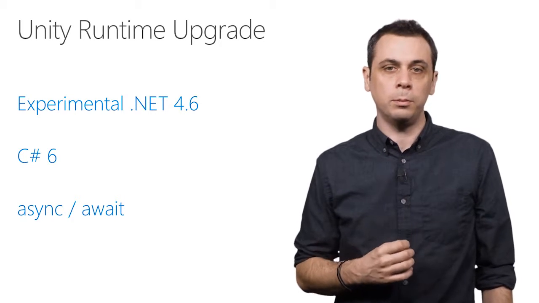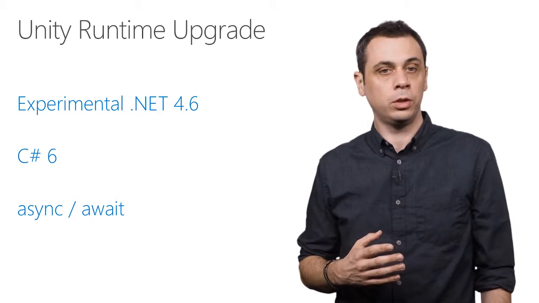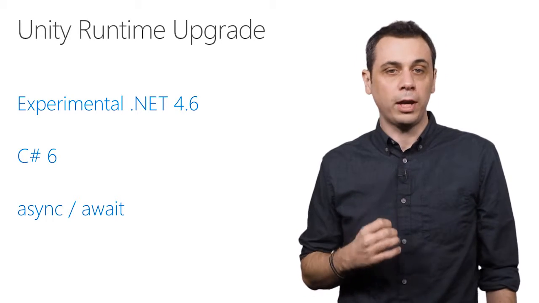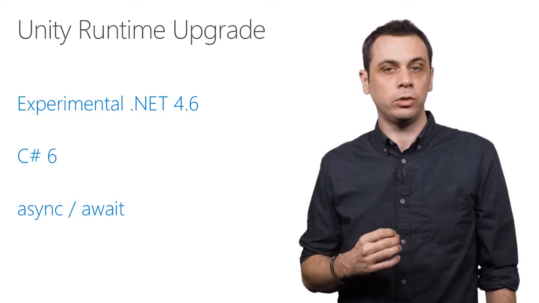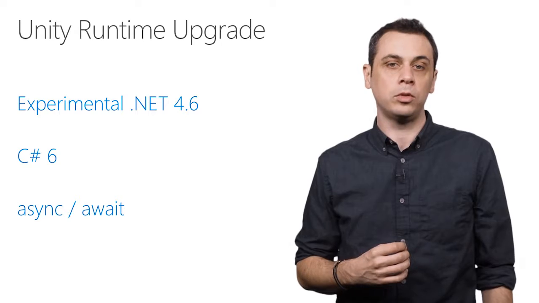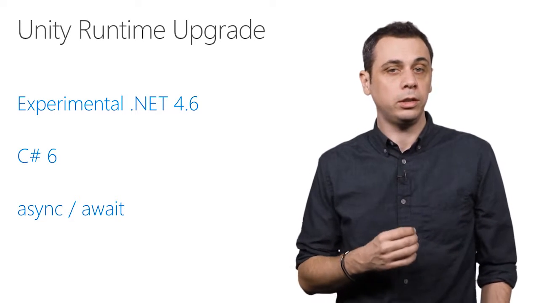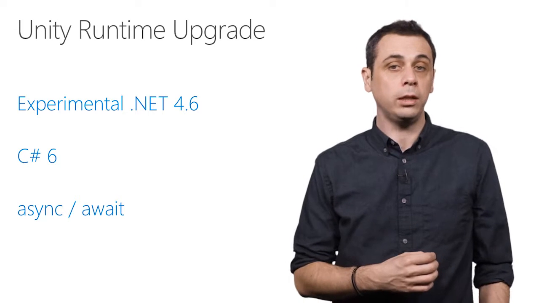The tools for Unity in both Visual Studio and Visual Studio for Mac now support this option, meaning that you can use all the refactorings and productivity features that come with Roslyn and C# 6 to write your Unity games. This is the first step to make Unity support the modern .NET ecosystem, and it's available today.